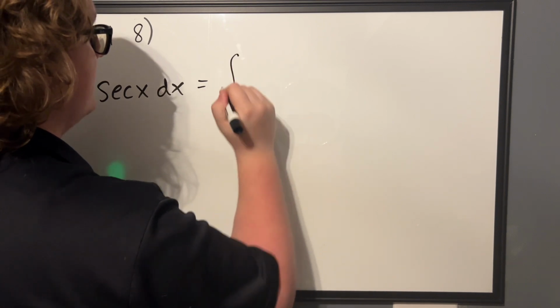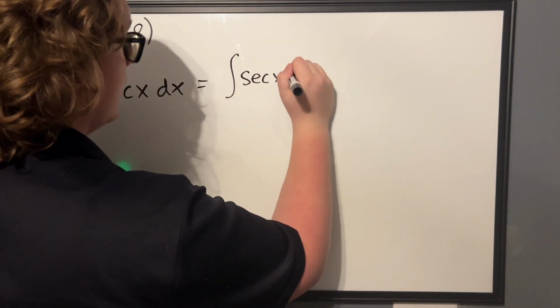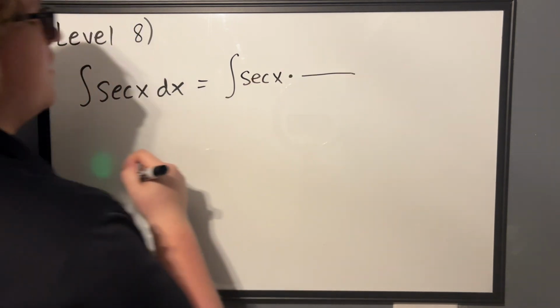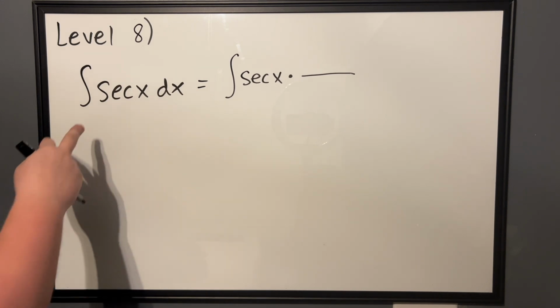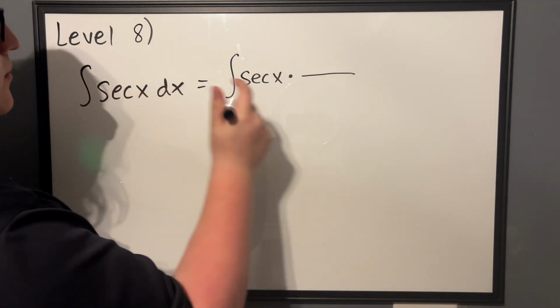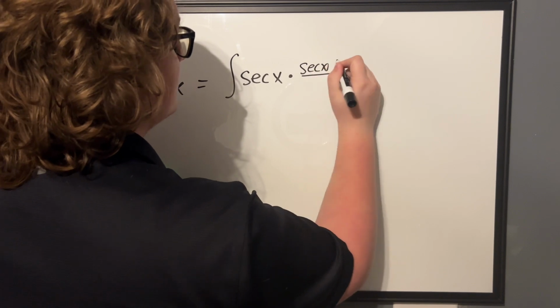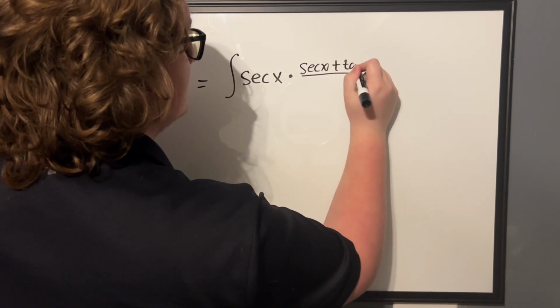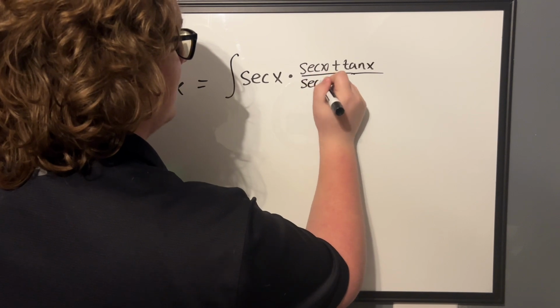We're going to say this is the same thing as the integral. We still have secant x, but we're going to multiply by something in the numerator and denominator. That way we can actually work with this in a familiar way. So we're going to multiply it by secant x plus tangent x in the numerator and denominator.